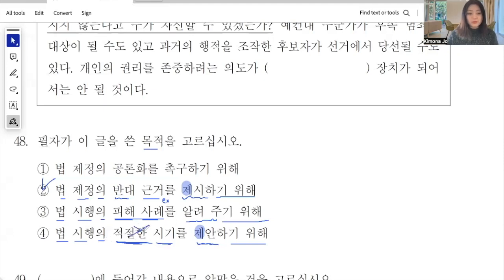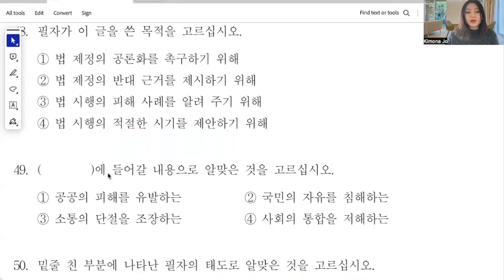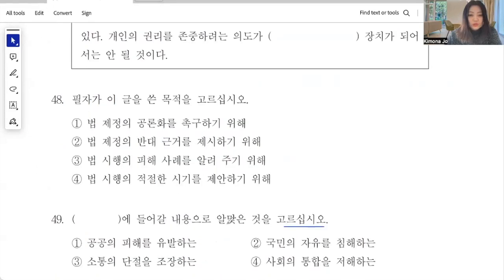This is wrong. 49번 빈칸에 들어갈 내용으로 알맞은 것을 고르십시오. Choose the appropriate one as the content that will go into the 빈칸. So this parenthesis modifies the following noun, 내용, content, and 는 under this is in future tense.